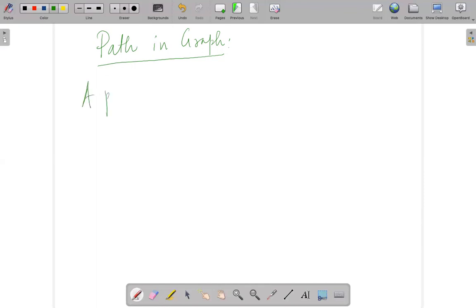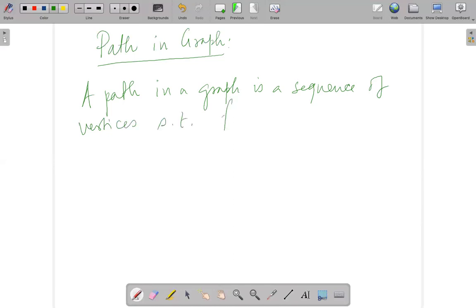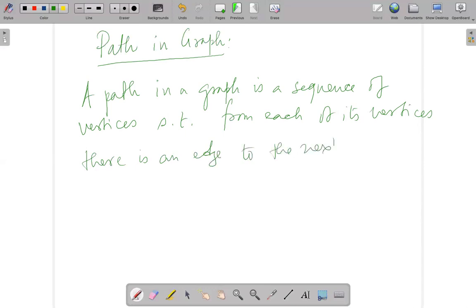A path in a graph is a sequence of vertices such that from each of its vertices there is an edge to the next vertex in the sequence.